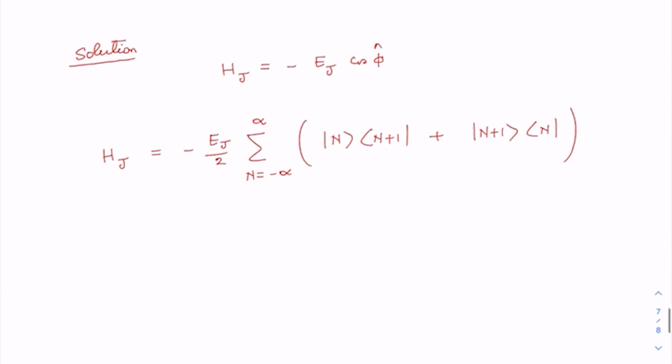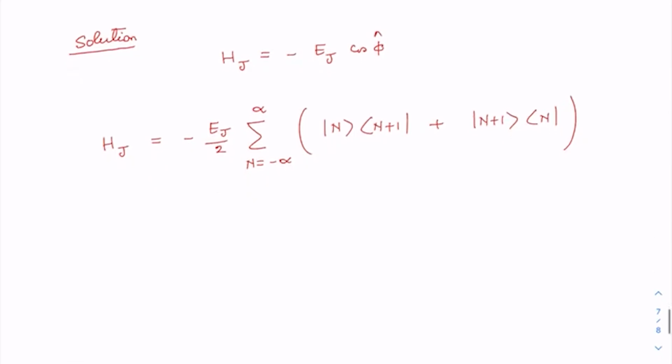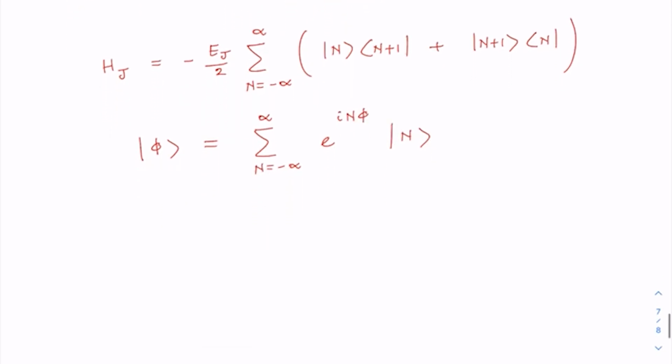This Hamiltonian can be rewritten in terms of the phase difference across the junction phi, which can be treated as an operator. To do that we defined a new basis, that is the phi basis, defined as ket phi equal to summation going from n equal to minus infinity to plus infinity e to the power i n phi, ket n.